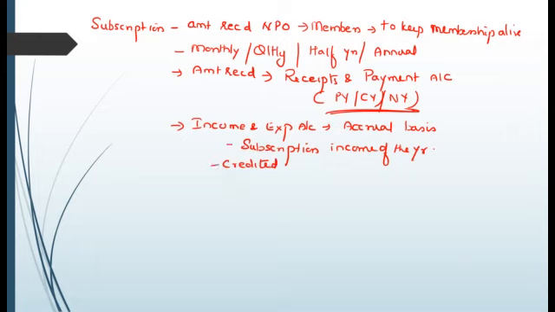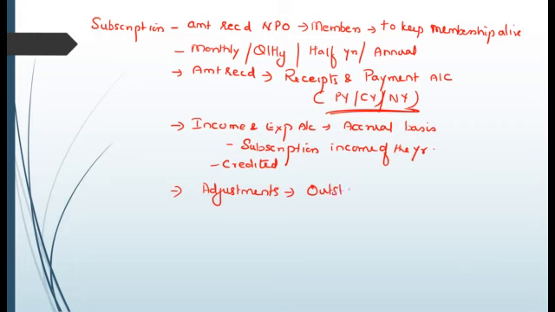Now, what we are going to learn today is how to compute this amount of subscription to be credited to the income and expenditure account, using the amount received during the year, which is normally available on the receipt side of your receipt and payment account, and the adjustments. What are the adjustments you can encounter?